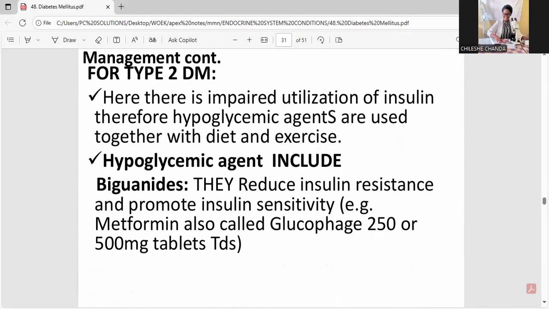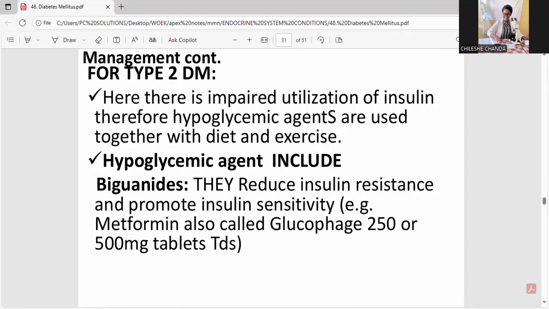Okay, so now when it comes to type 2 diabetes mellitus, you are also going to give other pharmacological agents. So these pharmacological agents will be hypoglycemic agents that will help to reduce the blood sugar levels. Some of the hypoglycemic agents include, one group are the biguanides, and these reduce insulin resistance and promote insulin sensitivity. An example of a biguanide is metformin.